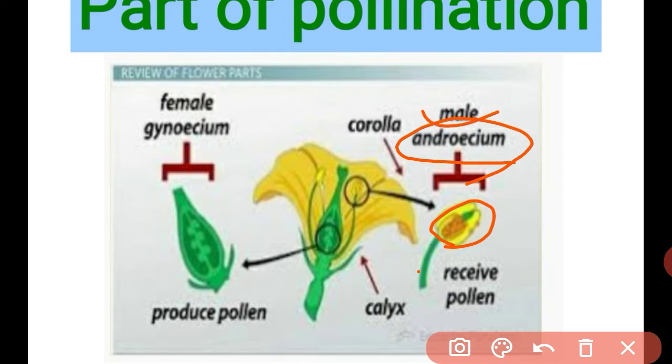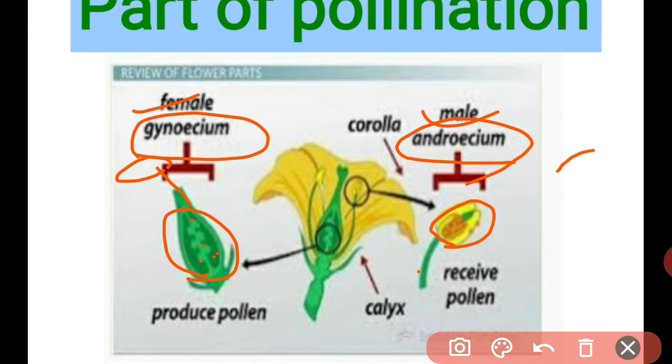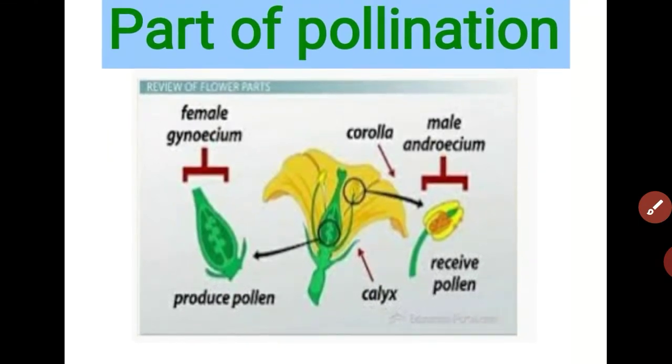The gynoecium is the female reproductive part of the flower, and the gynoecium consists of the ovary, style, and the stigma. The ovary contains the ovules, and the ovules are the female reproductive part of the flower, and this part is required for fertilization.